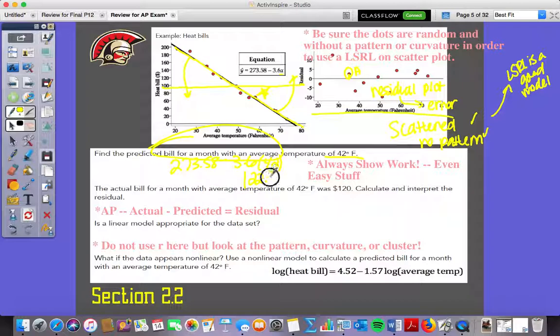The next thing is the actual bill for a month with that average temperature. Make sure you show work; I'm not right now because I'm going quick. The actual bill for the month was 120. Calculate and interpret the residual. Well, 122.38 was the predicted and 120 was the actual.